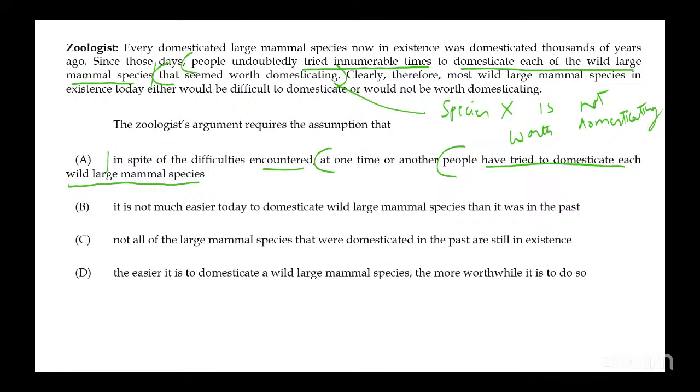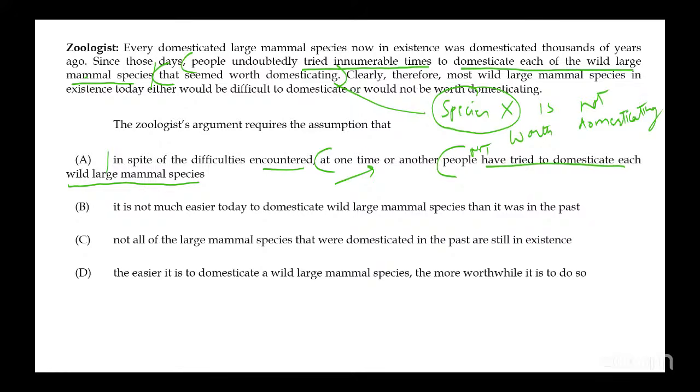Now look at A. A says they have tried to domesticate each wild large mammal species. If I deny this, they haven't tried to domesticate each of the species. In fact, they did not try to domesticate species X because they did not think that it is worth domesticating. Even then the argument works, right?